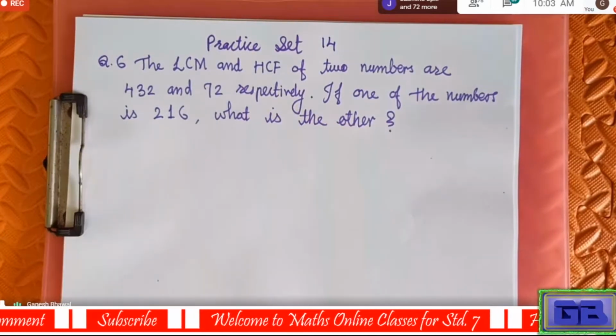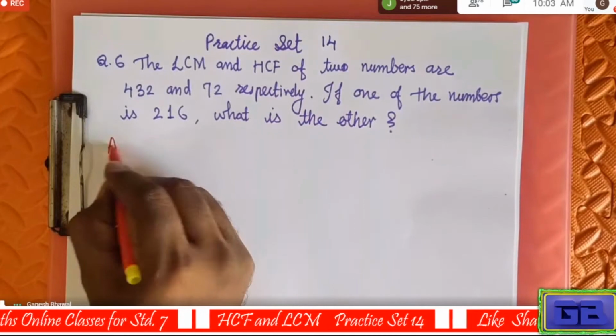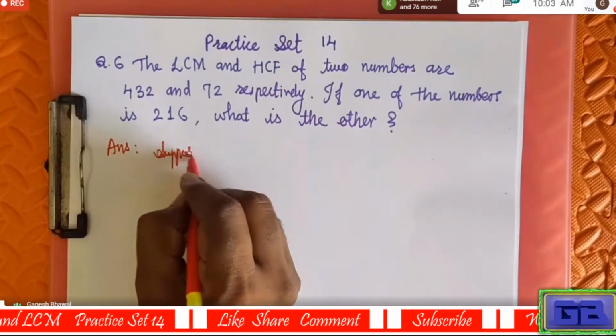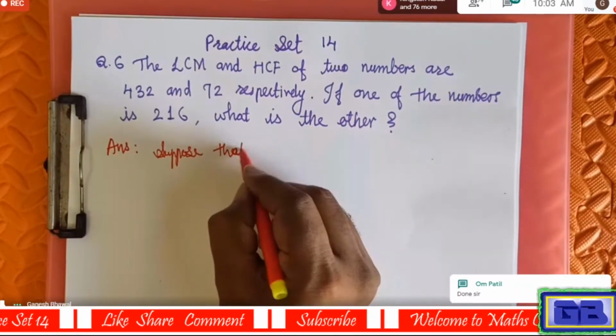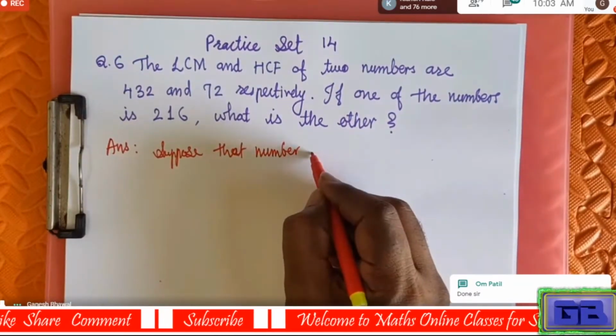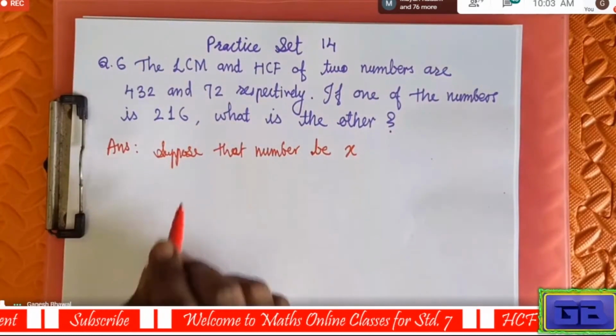So we'll consider that number to be X. Write down the answer. Suppose that number be X.